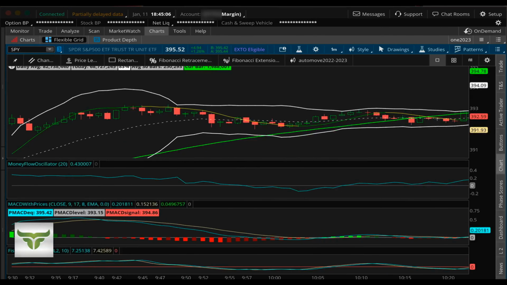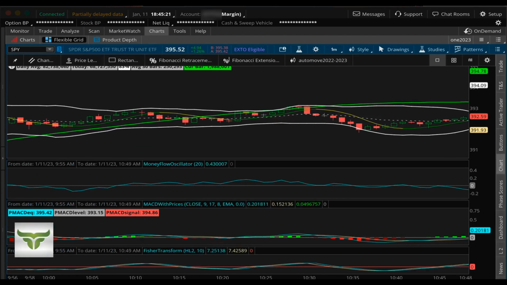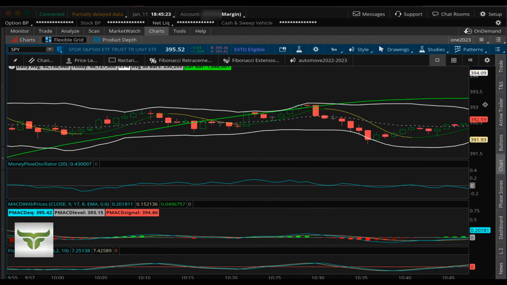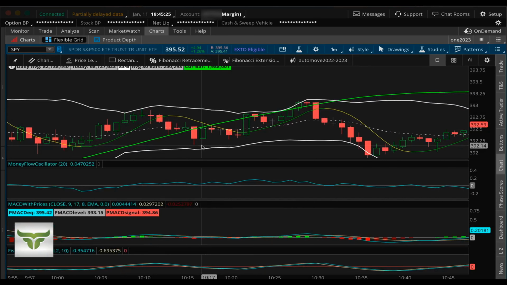So SPY opens up. I wait, and I wait, and I wait until I see consolidation. Let me open this up so that you can see it.